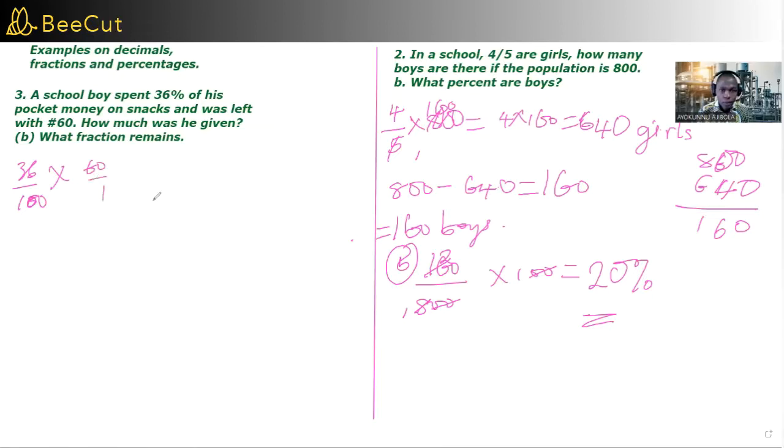That is going to be what? Anyway, why do you want to find 36% of 60? Because like this, you are finding 36% of 60. So, Bella, why are you trying to find 36% of 60, if I may ask?